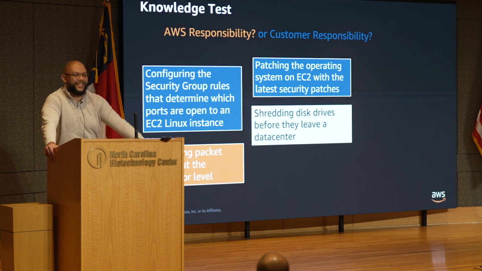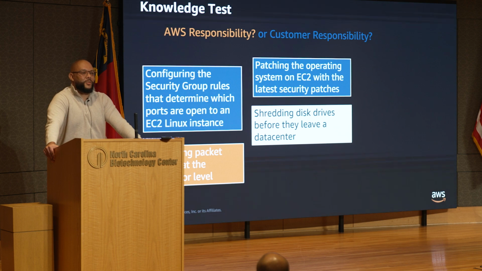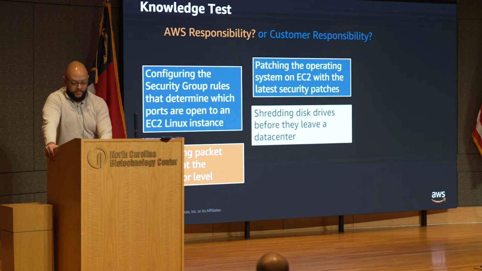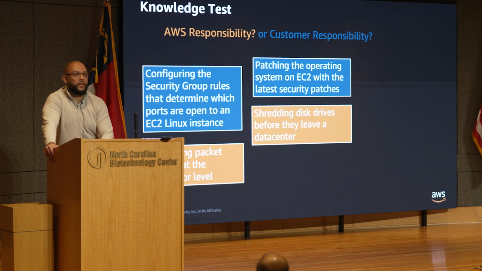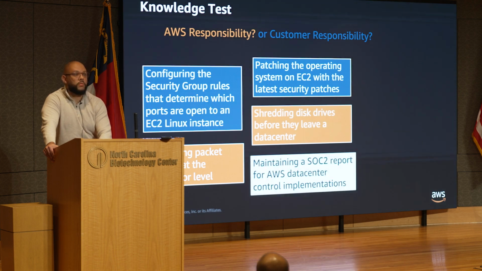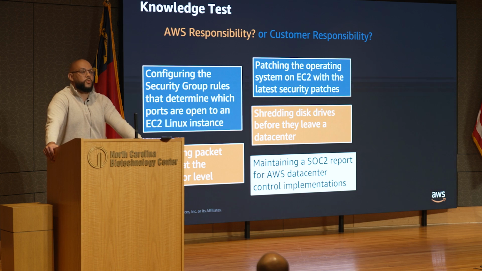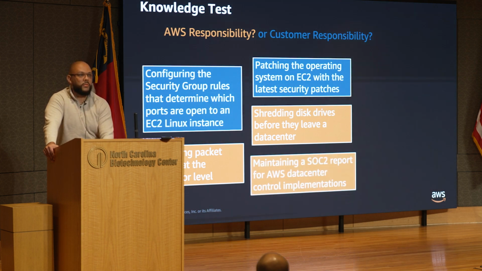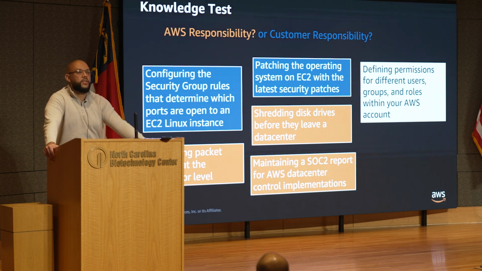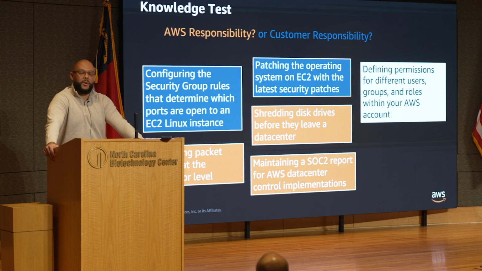Next one. Shredding disk drives before they leave a data center. And then finally, maintaining a SOC 2 report for data center control implementations. Yep. Defining permissions for different. Oh man, y'all are sharp.